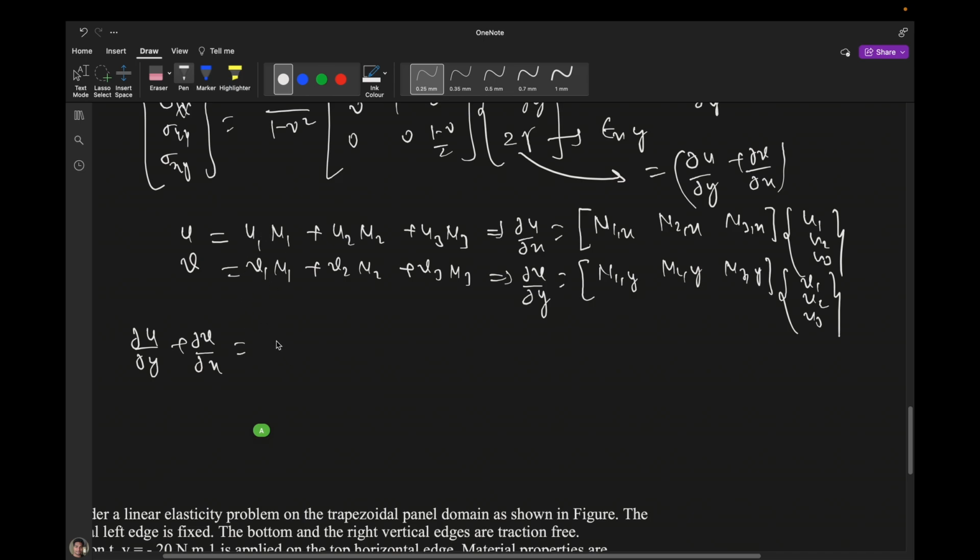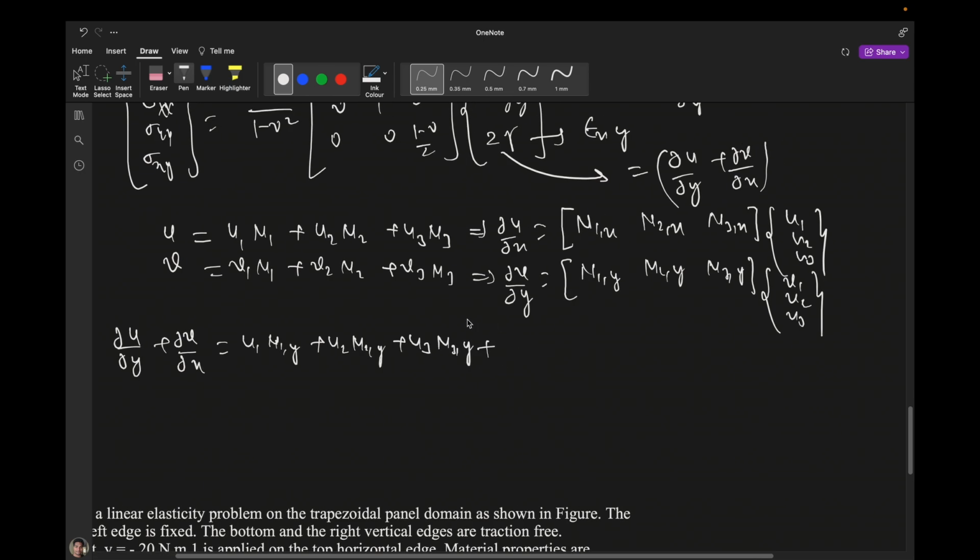Let's do it like this: u1 n1y plus u2 n2y plus u3 n3y, and plus v1 n1x plus v2 n2x plus v3 n3x.